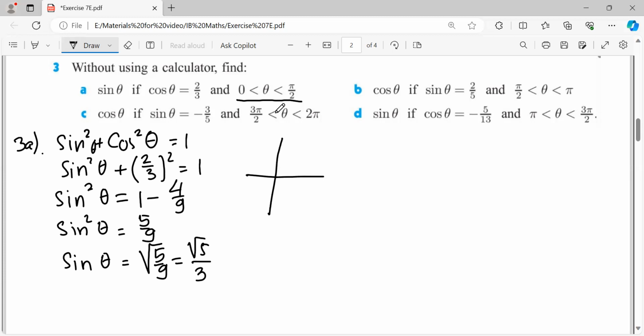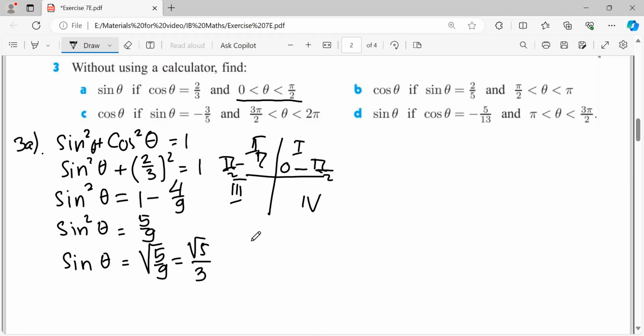Okay, this is quadrant 1, quadrant 2, quadrant 3, quadrant 4. Quadrant 1 is from 0 to pi over 2, quadrant 2 is from pi over 2 to pi.